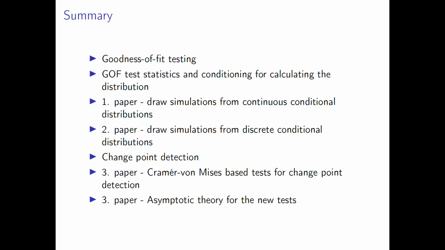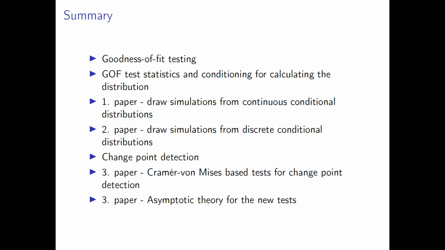So we looked at conditional fit testing. In the beginning, we described how we used the hypothesis testing framework in that case. We talked briefly about some standard tests that are used in the conditional fit testing framework. And we also talked about conditioning for calculating the test statistic distribution.